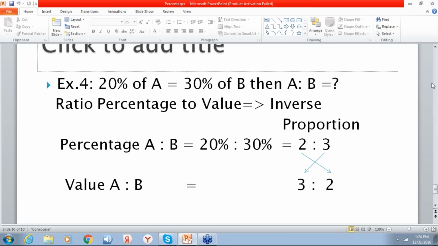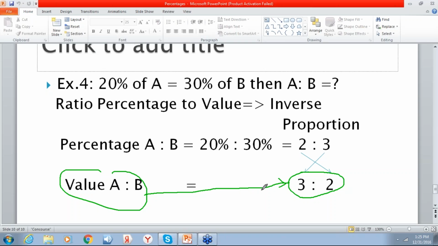If you invert this ratio, you get 3:2. The actual value of A and B is 3:2. For example, let us assume the value of A to be 100.